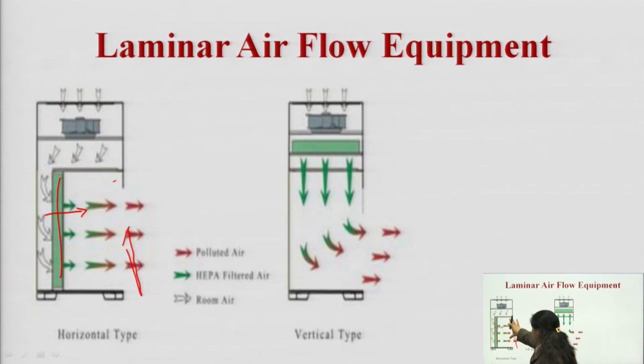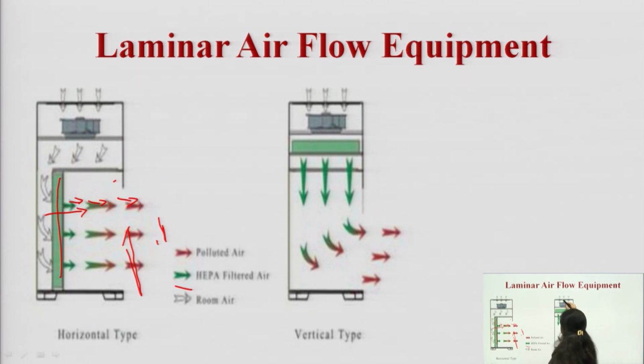If this is the cabinet and here we are sitting and we have to work within this cabinet, and the air is flowing in this way from this direction towards this direction, then this is known as the horizontal direction, where air is moving horizontally in one direction. We categorize this equipment as horizontal laminar airflow.